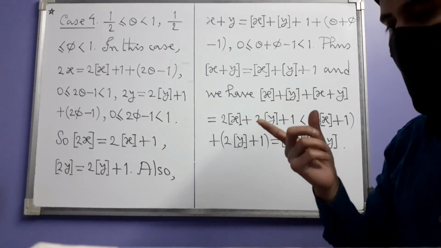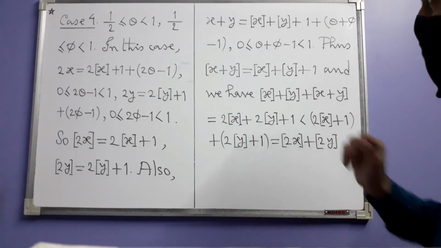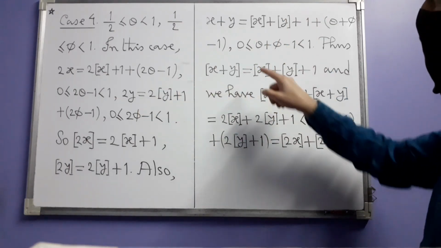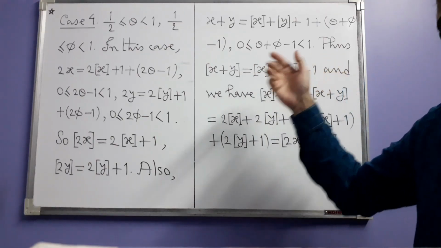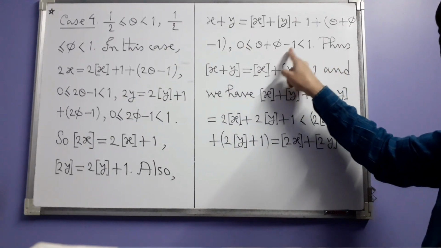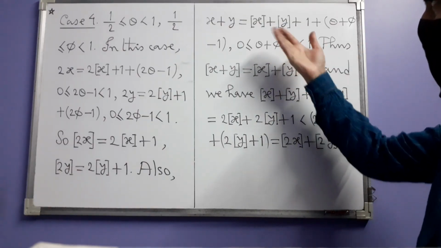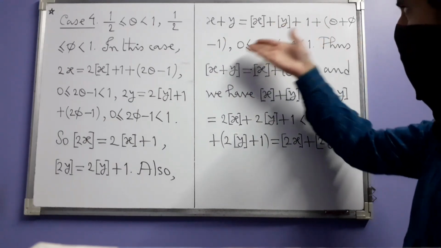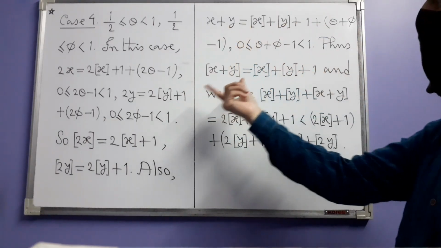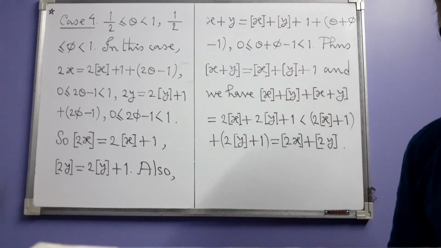So that means here we are getting the beginning of subcase 2, and that is why from those inequalities, we further get this by subtracting 1 from all the terms. 0 less than or equal to theta plus phi minus 1, which is less than 1. So combining these inequalities and this equation, we get this. The box value of x plus y is box x plus box y plus 1.